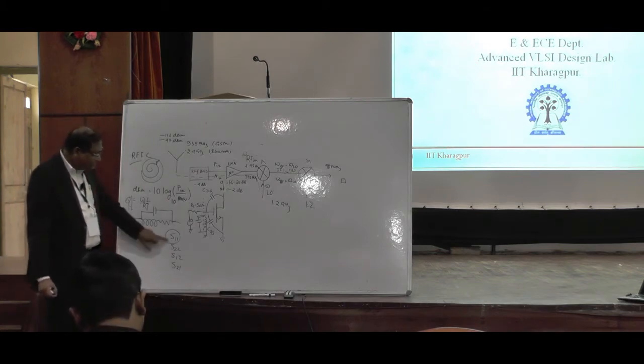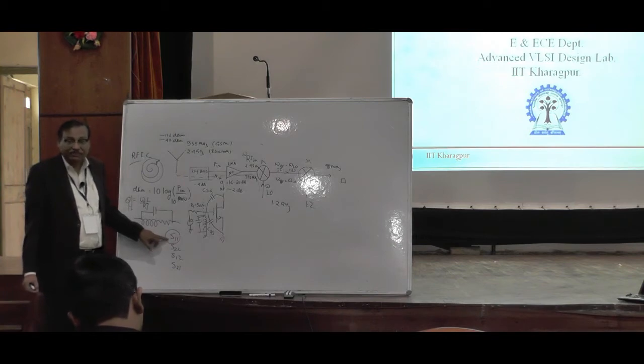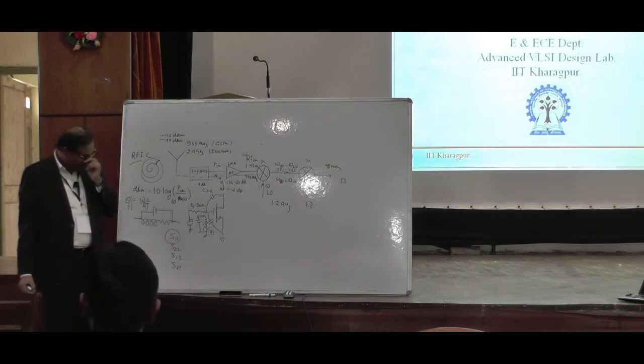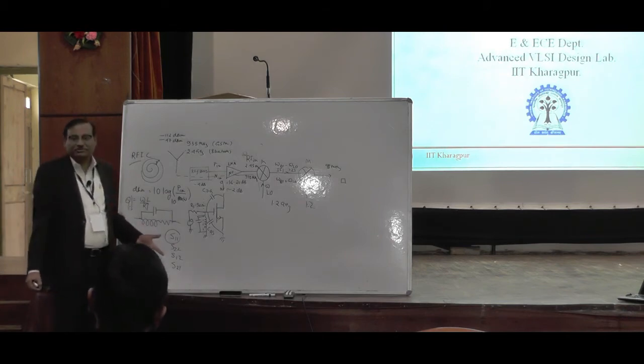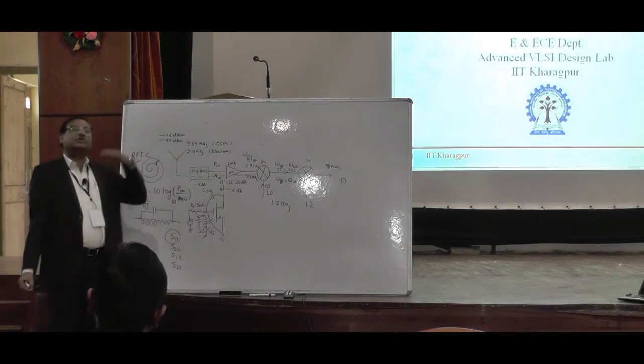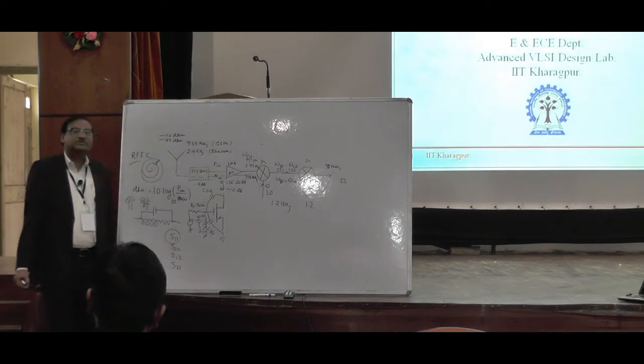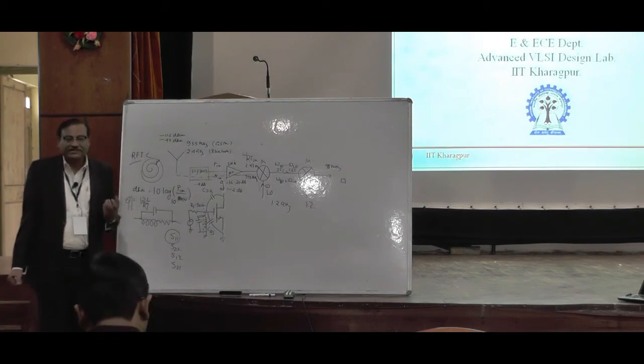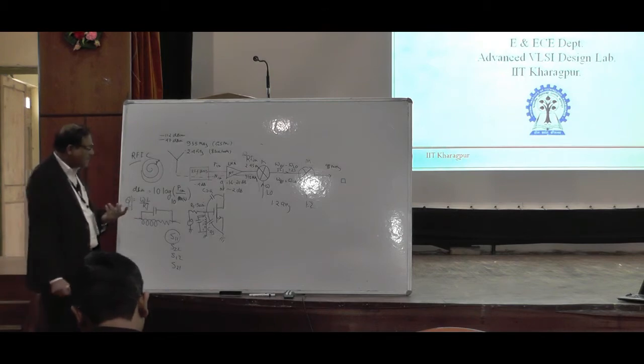So S11 exactly matching 50 ohm, no reflection, that means infinite. But it is not possible. You will always get physical values like 49.7. So correspondingly you will get some kind of S11 of minus 16 to minus 11. So that is a very practical feeling you will have.